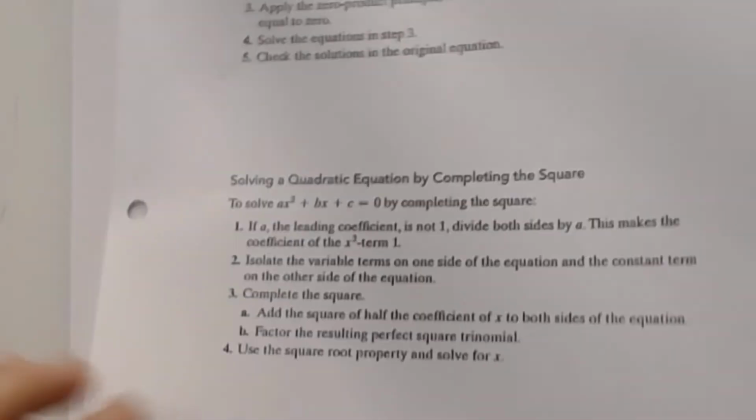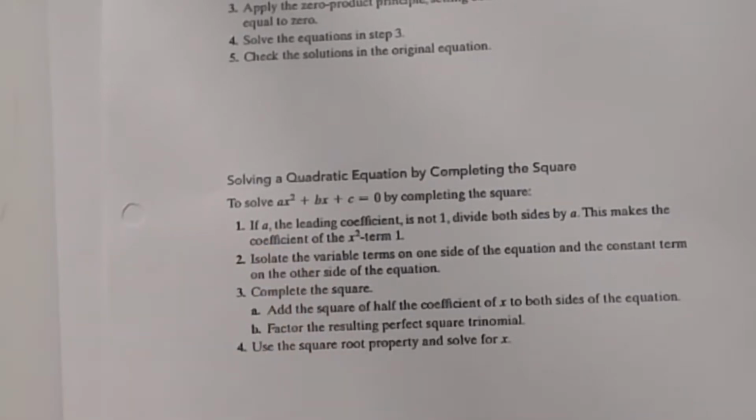Now, for us right now, you see that step 1? You have to make sure that the coefficient of x squared is 1. If it's not, you're going to have to divide both sides by that number. But for right now, the ones that we're going to do will be 1.